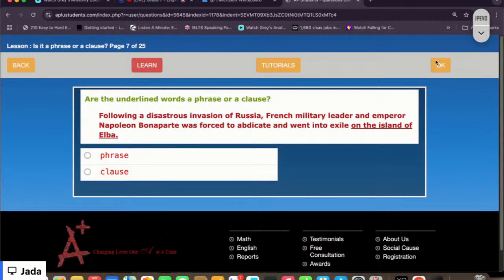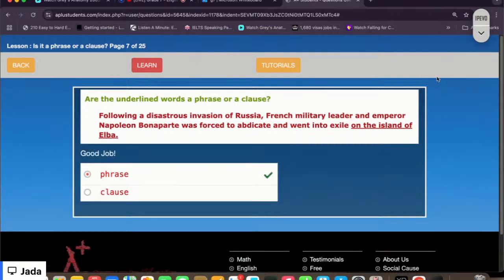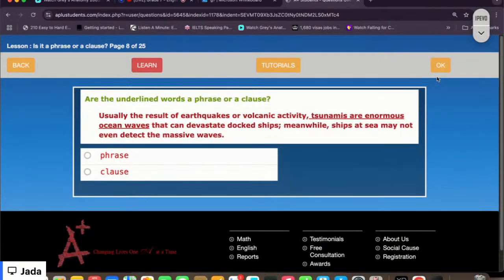So, we have phrase. "Usually the result of earthquakes or volcanic activities, tsunamis are enormous ocean waves that can devastate dock ships. Meanwhile, ships at sea may not even detect the massive waves." Phrase or clause?